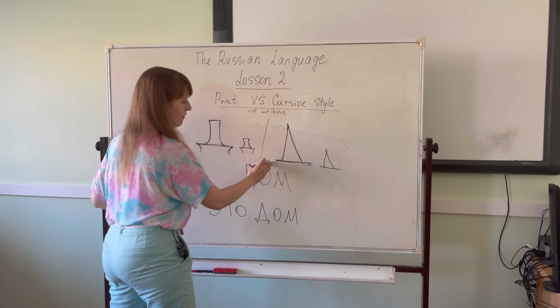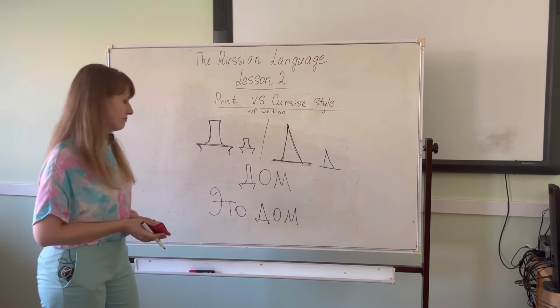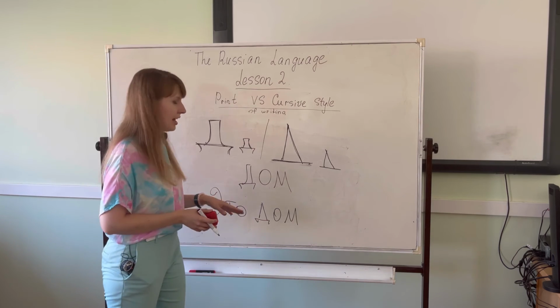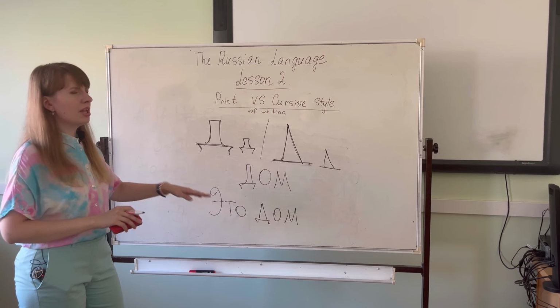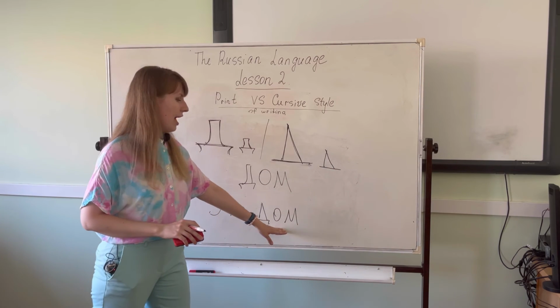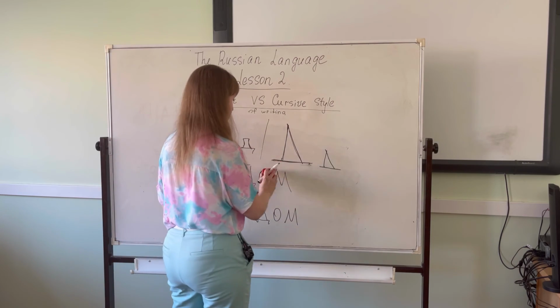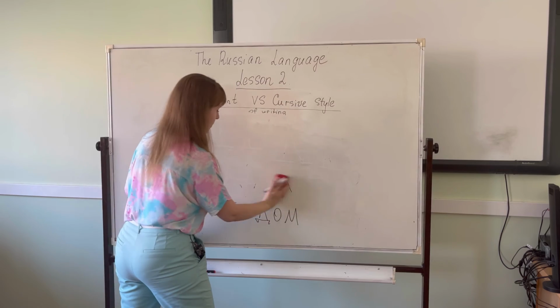You can get rid of them as you like. So it's quite, well, subjective sometimes. Okay, this is a house. In Russian it will be это дом. No articles, no verbs, just a demonstrative pronoun and a noun. Okay, let's move, just come along with me.